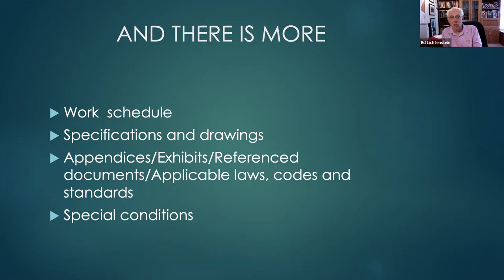So you should identify, at least for yourself as a contractor, a supplier, whatever, what those appendices, exhibits, or reference documents are, and make sure the applicable laws, codes, and standards are defined. One of the things that happens frequently is during the course of a contract, a law may change, or a new code may change.